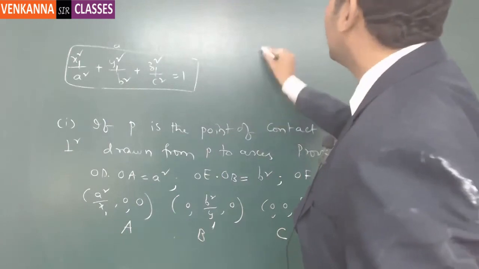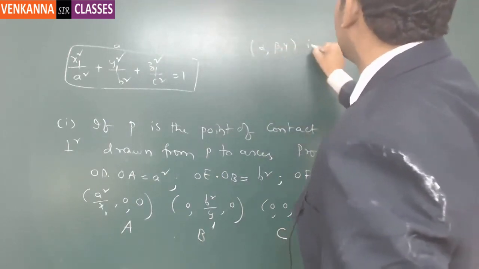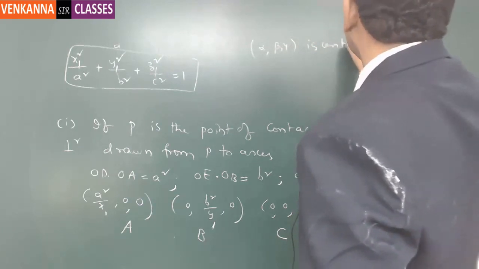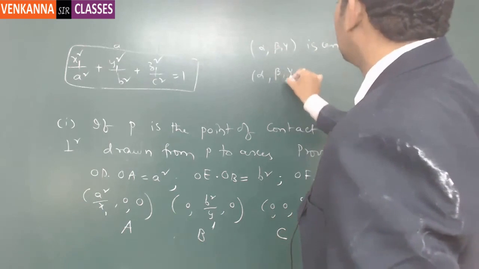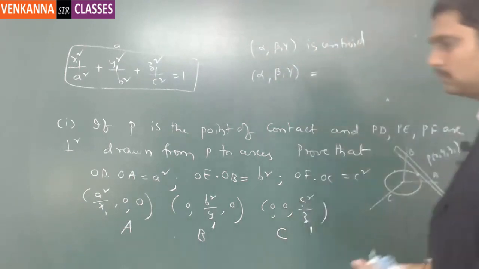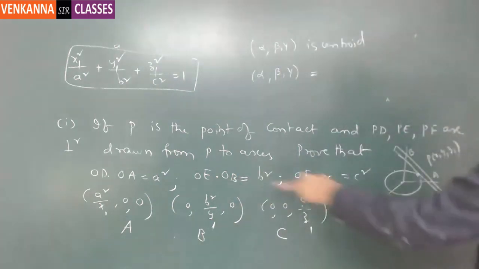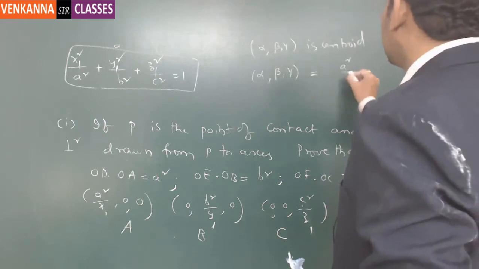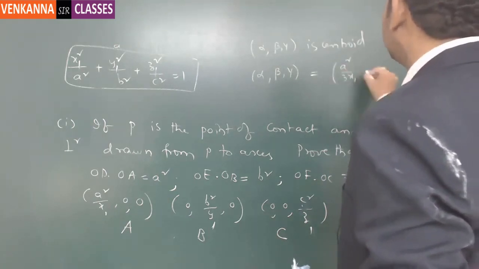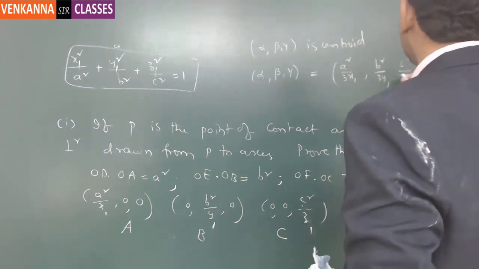So if you have taken that alpha, beta, gamma is the centroid, so you have alpha, beta, gamma equals, so for the three vertices, if you apply the centroid formula, you will get a square by 3x1, b square by 3y1, c square by 3z1.